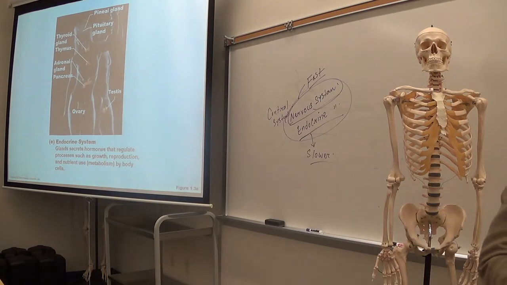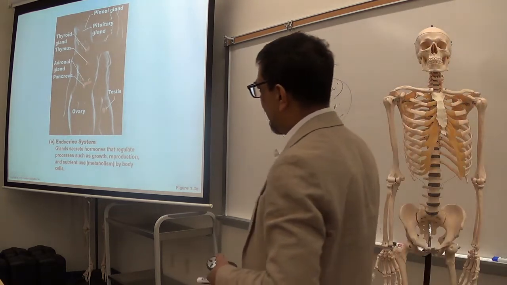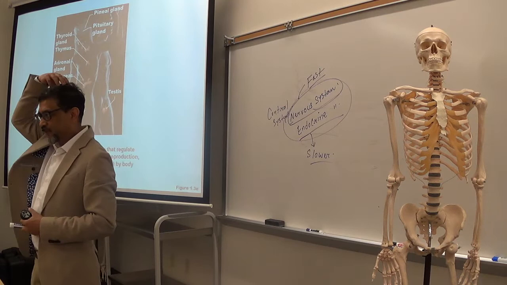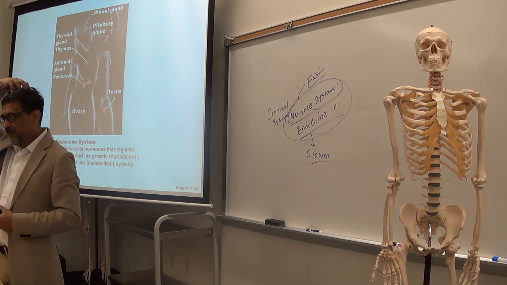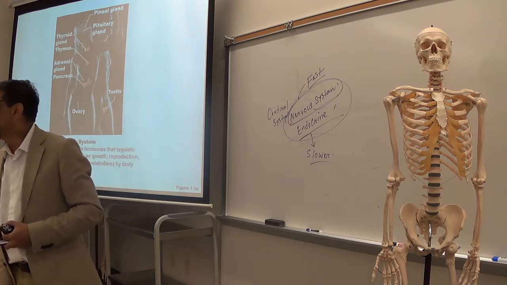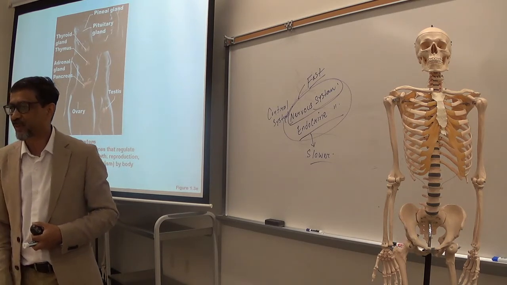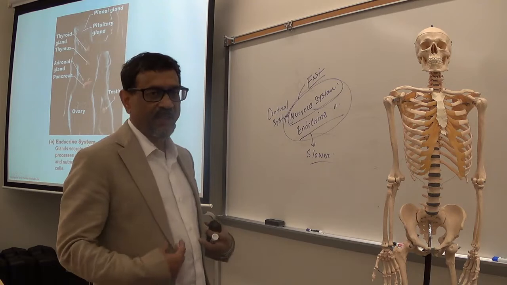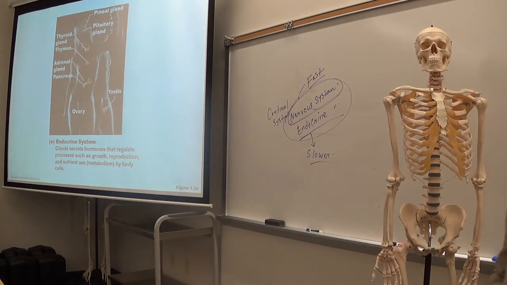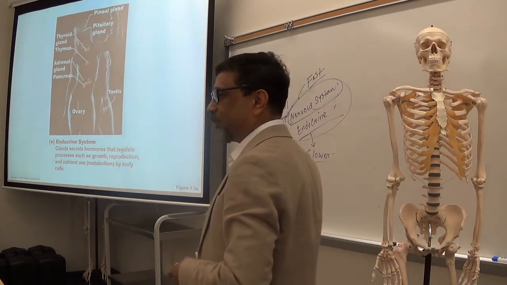Important endocrine glands, just know the names of a few important endocrine glands. If you start from the head part and go downwards, in the brain you have pituitary and pineal. Both start with P. Pituitary and pineal. In the brain, right? Those two endocrine glands.